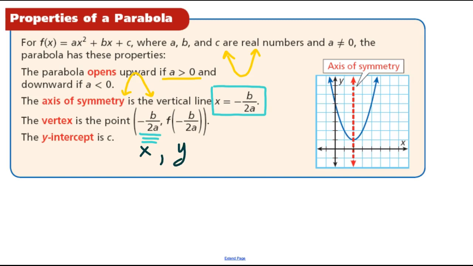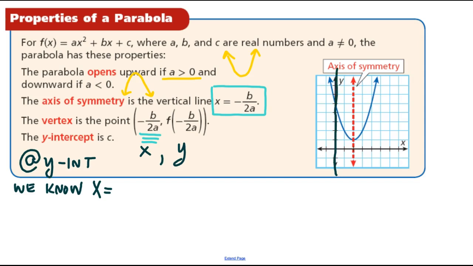The last thing is the y-intercept, and we should know at the y-intercept, what do we know about x? We know x equals what? At the y-intercept, x equals... If I go on this y-axis, over to this picture here, all right, I'm on this y-axis.